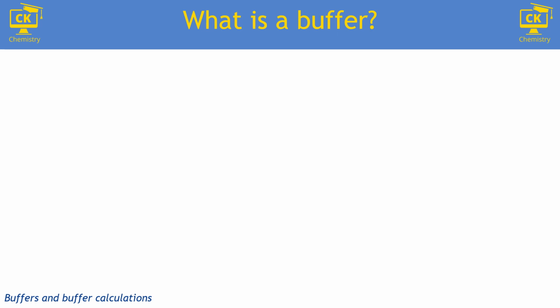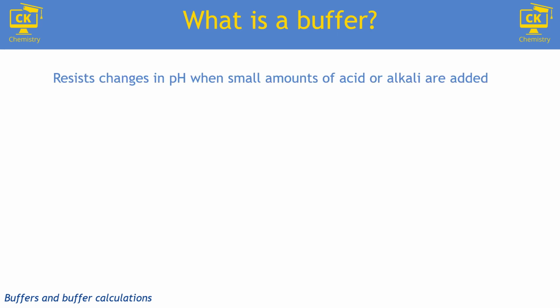So first of all, we need to know what a buffer actually is, or more correctly, what is a buffer solution? That question could be quite wide, because we could be asking what a buffer does, which is usually what the question's asking. If the question is asking what a buffer does, then we say that it resists changes in pH when small amounts of acid or alkali are added.